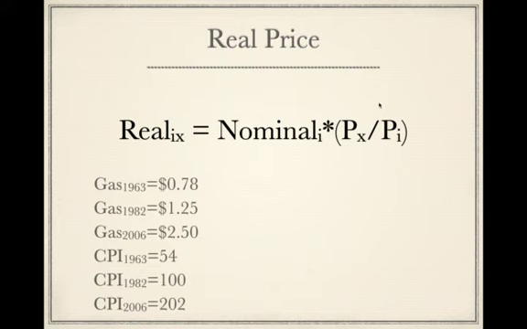Convert all of those gallons into 2006 dollars, all of those prices of a gallon of gas into 1982 dollars, and all of those gallons of gas into 1963 dollars. And that'll tell us if you really understand how this formula works. I'll come back here in a moment with some of the calculations that I've done, and hopefully we can all agree and we're all on the same page.